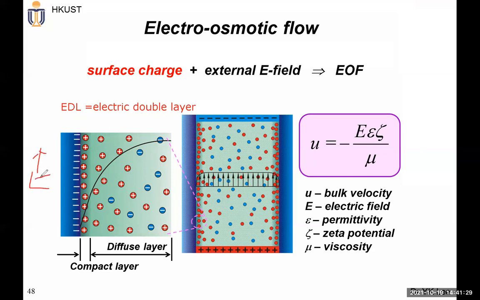Once you apply some voltage, what happens if the channel is very small, a channel size like 1 meter? If it's very big, it's very difficult to generate this kind of velocity field because there's a viscous drag force, right?